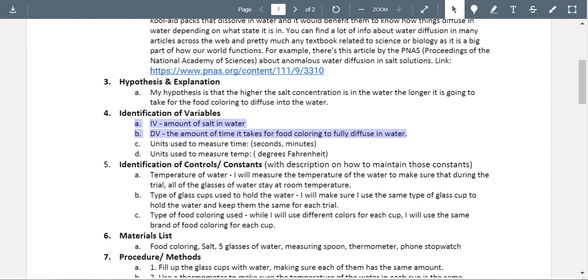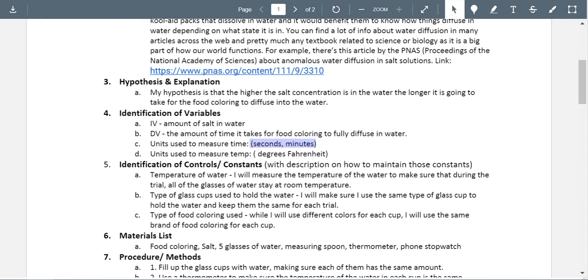But again, how are you measuring the amount of salt in water? You don't have a unit. I assume you're using grams, but when I look down here, you don't have a unit for any of it. So you say here the amount of time it takes for food coloring to diffuse in water. But here I don't see a unit for that either. I should see like seconds or something. Now you listed it here, but you put seconds and minutes. Now we've got to be specific on this.